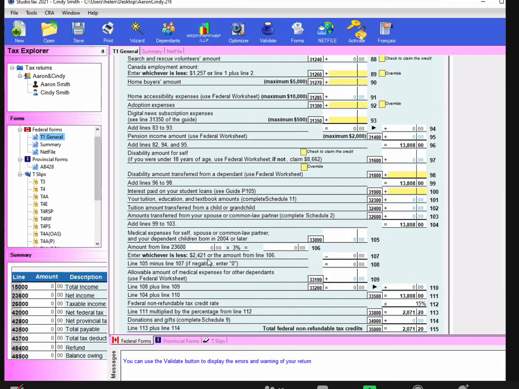Like 5,000 medical expenses: do you want it under Aaron or under Cindy, because they have to subtract something, right?